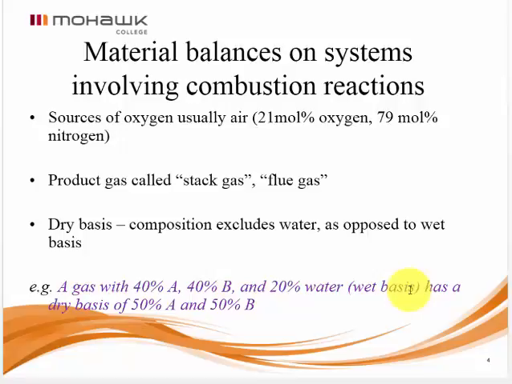It would have a composition on the dry basis equal to 50% A and 50% B. When we remove this 20% of water, we are left with 40 and 40%, which translates to 50% and 50% on the dry basis.